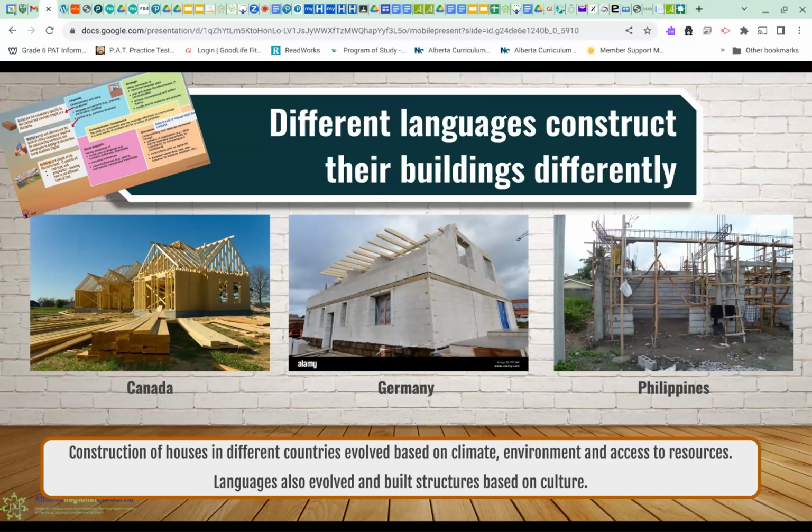But in other countries, say Germany or the Philippines, the construction of that house meeting the same purpose has a different structure to it. And when we think about language, how that's evolved, it builds those structures based on the culture that it's set in.